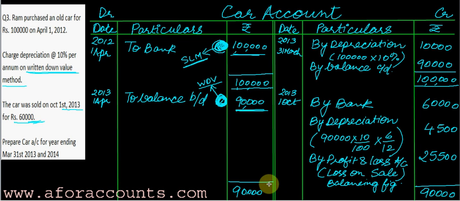What I did is I took this 90,000, subtract 60,000 and 4,500 from it to get 25,500. So this is your balancing figure, and this amount will be taken to your profit and loss account as loss on sale of your car.